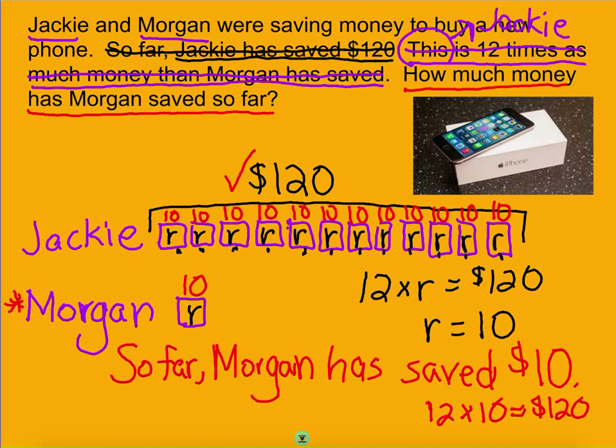So we now know for sure that my answer is correct, because 12 times 10 equals 120. So Jackie has saved $120. Unfortunately, Morgan has only saved $10.